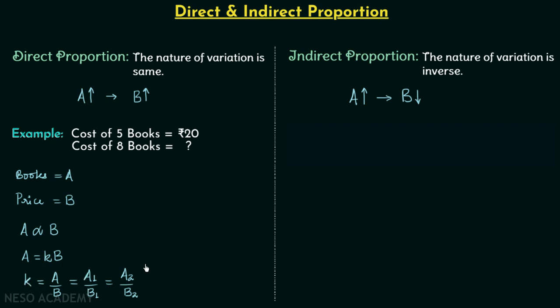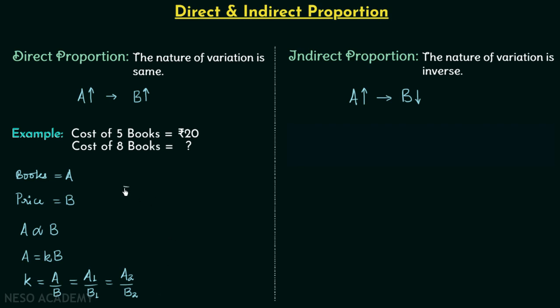Now focus on these two. A1 over B1 equal to A2 over B2. From here we can have our price. A1 is equal to 5, B1 is equal to 20, A2 is equal to 8, and B2 we need to find out.